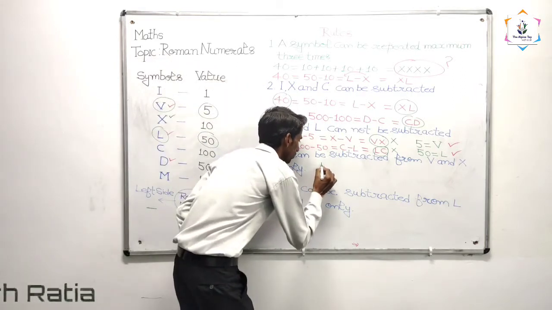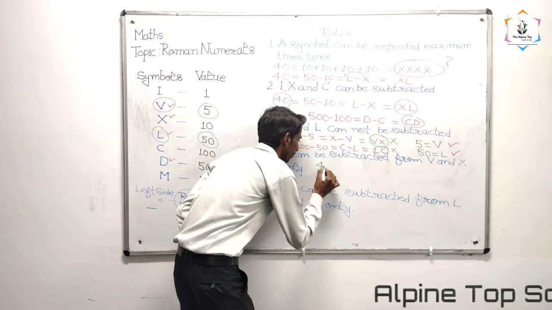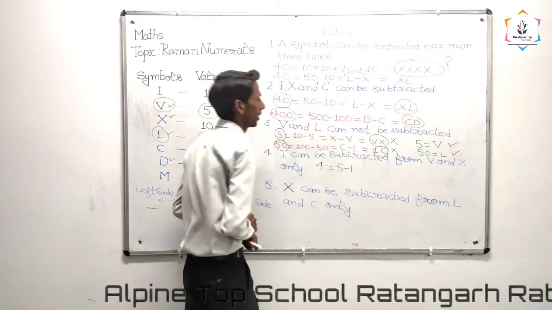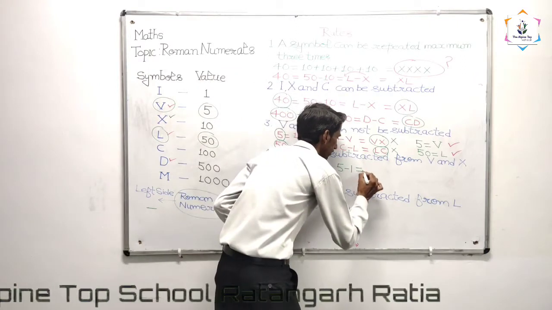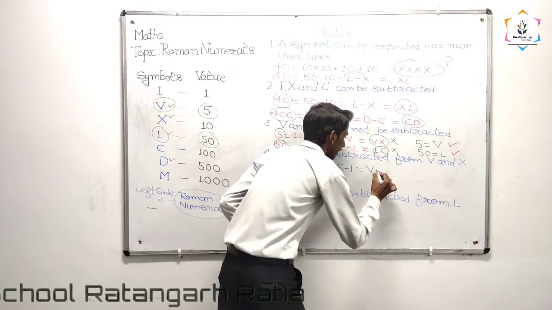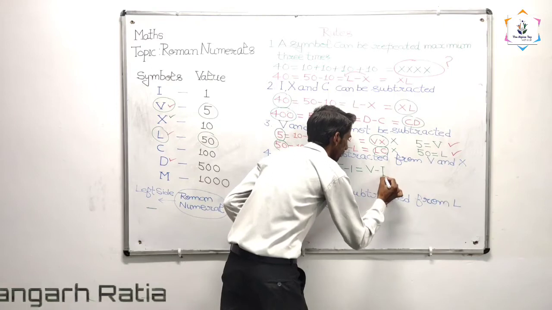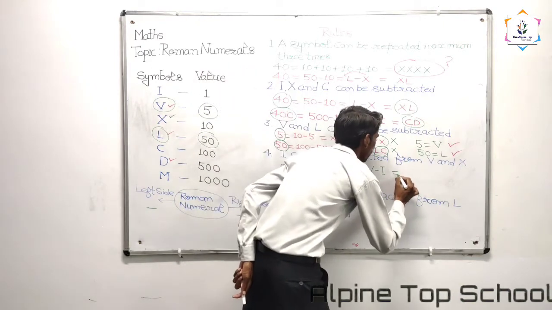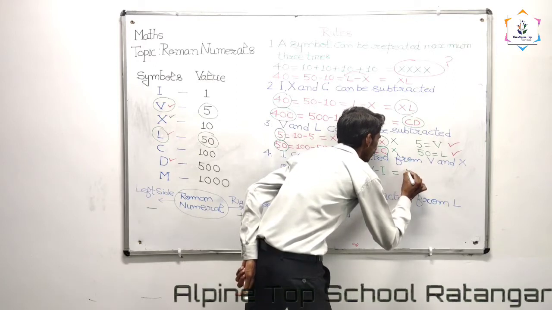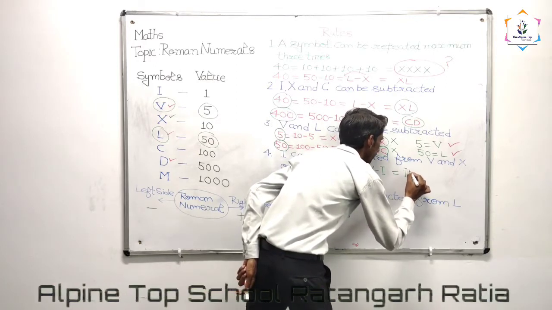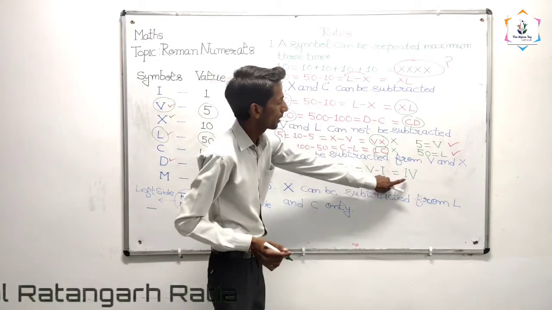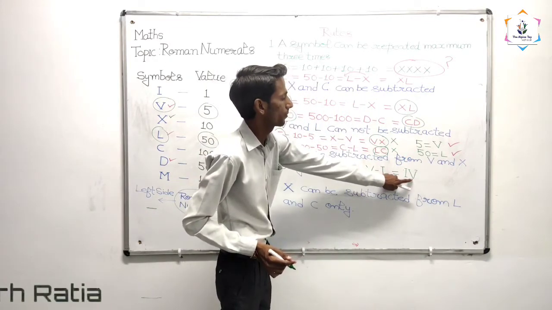Just imagine you want to write 4. Obviously, students, I can use 5 minus 1. For 5 we have a symbol V, and for 1 capital I. Obviously I am subtracting 1 from 5. It means for 4 I can use the symbol IV.